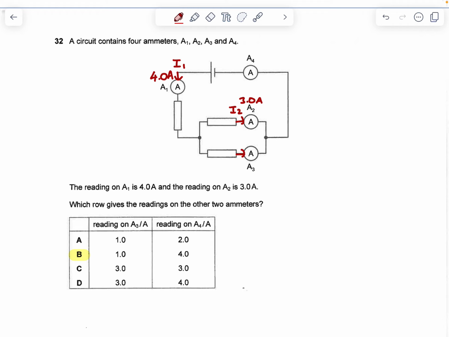You already know that I3 is 4.0 minus 3.0, which is 1.0 ampere. And here at I4, it should go back to 4.0 amperes, because I1 equals I2 plus I3. The current splits up here into I2 and I3. Then it merges back to I4.